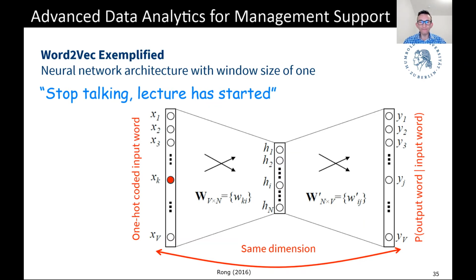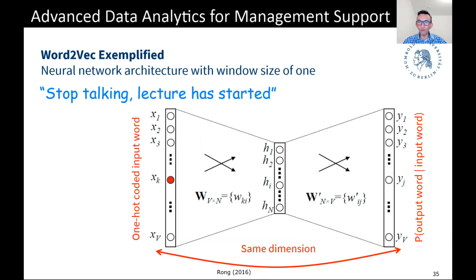We need that many dummy variables to represent every word in the vocabulary with a one-hot vector. And on the output side, we also have a layer with V units, same size as our vocabulary.